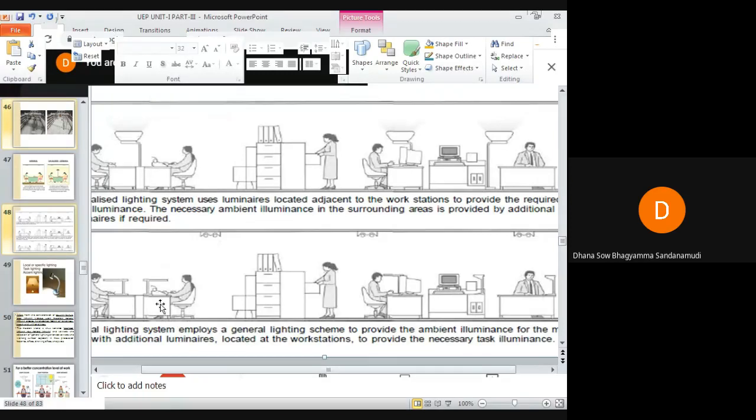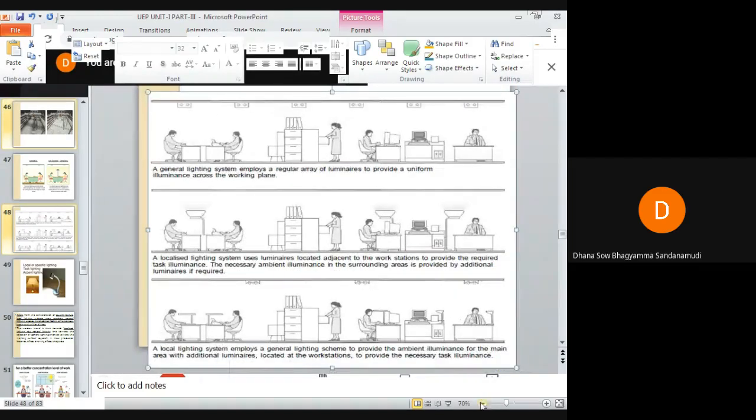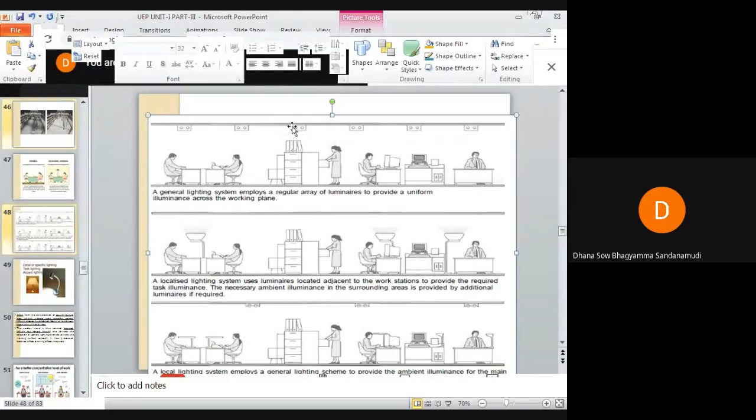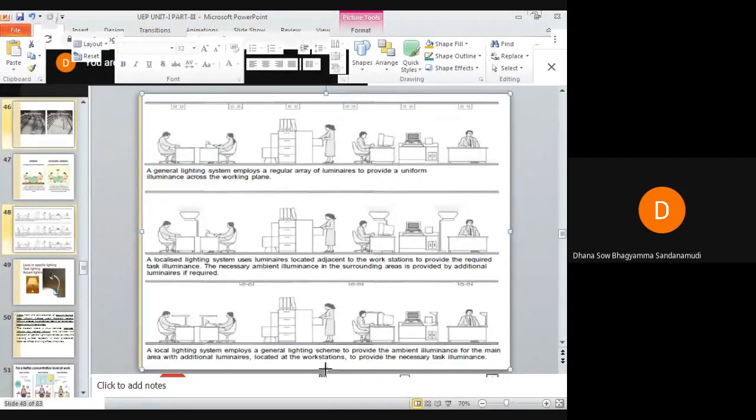In the next image, you can see the table lamps are there, localized lighting is there, along with the ceiling lighting. It is the best option if you want to do your work in an effective way without causing strain to your eyes.